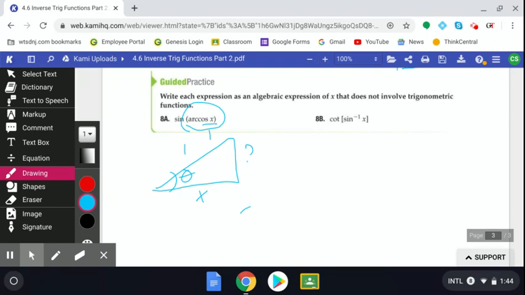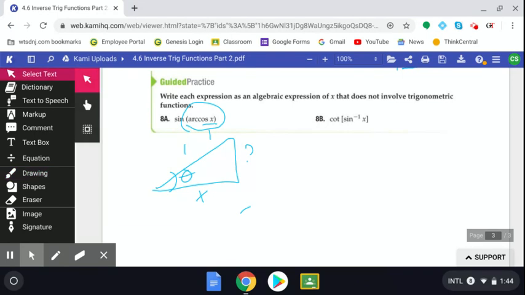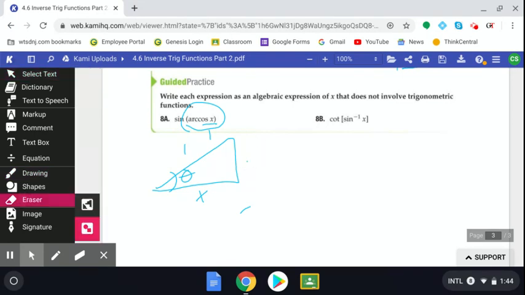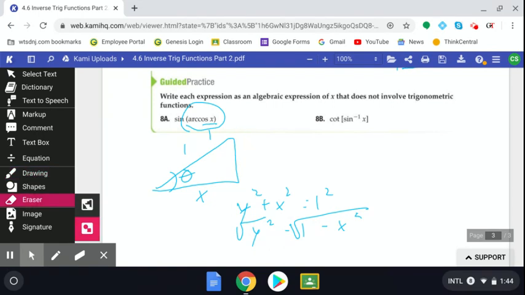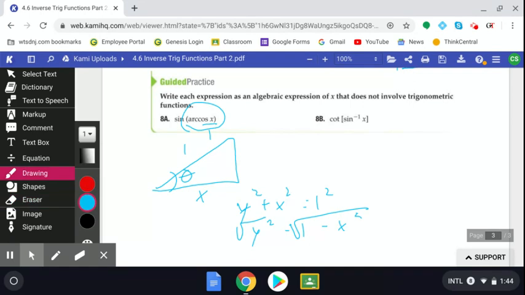Let's call this side y, just so I can show you here real quick. If that side is y, I can say that y squared plus x squared equals 1 squared, which means that y squared would be 1 minus x squared, and then I could just square root both sides. So the value of this side is square root of 1 minus x squared.